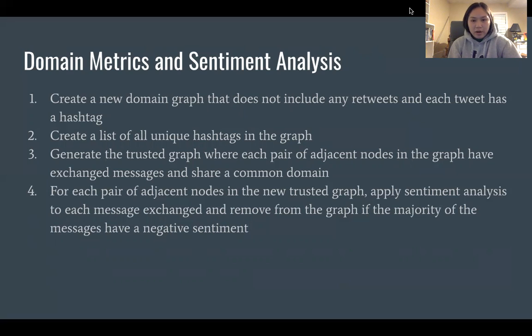If a pair of adjacent nodes have exchanged messages and also share a common domain, then they're included in the trusted graph. For each pair of adjacent nodes in this trusted graph, sentiment analysis is applied to each message. And again, if the majority of the messages have a negative sentiment, then that edge is removed from the graph.